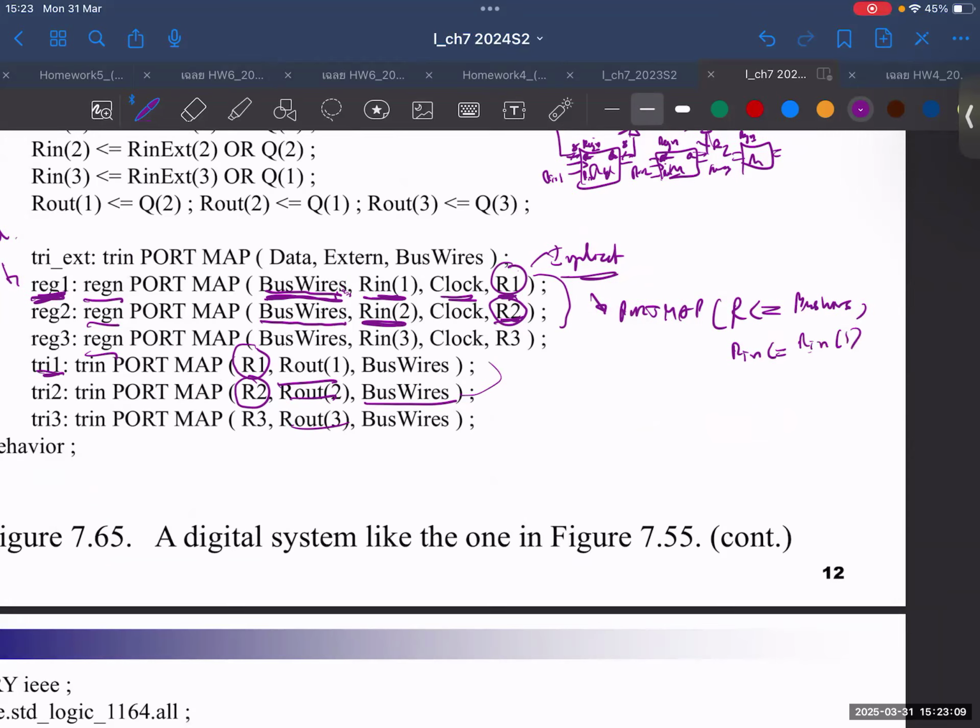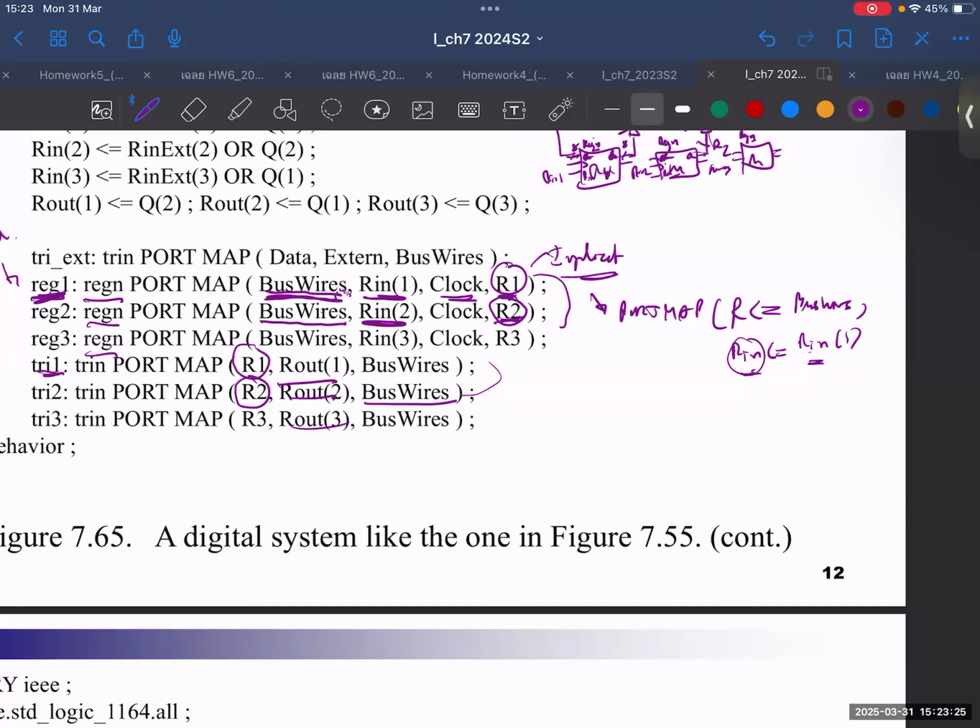No problems here because these are dummy names. You can use the same signal names because they are inside the components, and it will understand once you jump inside the components. So you can use the same name, doesn't matter.